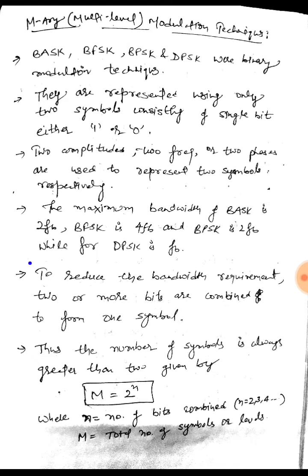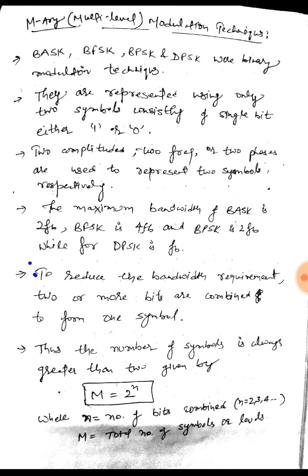One amplitude for the bit 1 and one amplitude for the bit 0. Similarly, one frequency for bit 1 and one frequency for bit 0, and in the case of phase, 0 degree for bit 1 and 180 degree for bit 0.